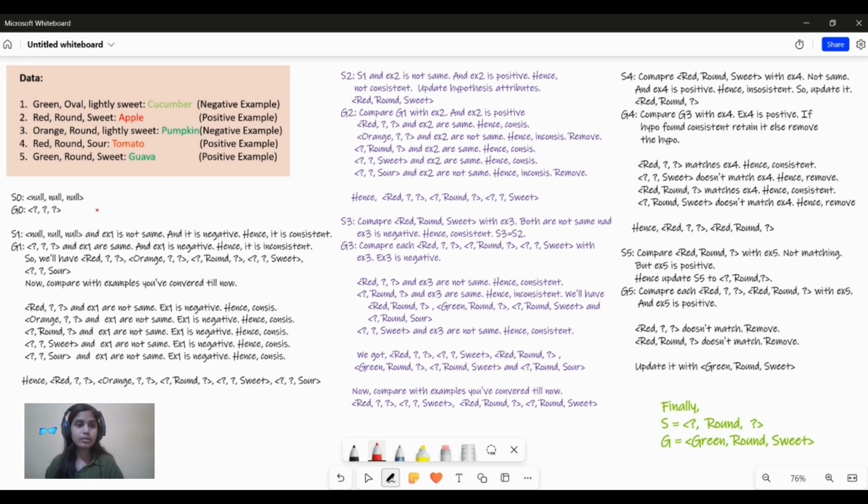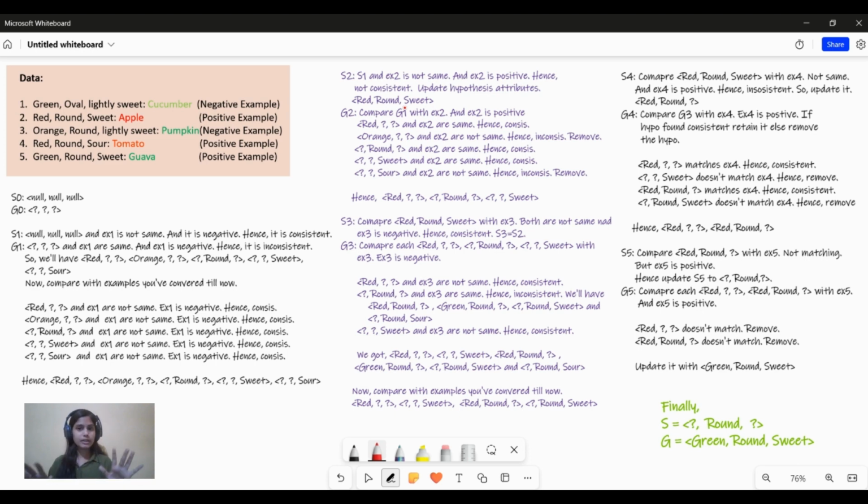So null and red both are not same, so we will replace it with red. Null and round are not same, we will replace with round. Null and sweet we will replace with sweet. So first, as it was null, we kept the real values. After that, in next steps, if the values are not same, we will replace it with question mark.